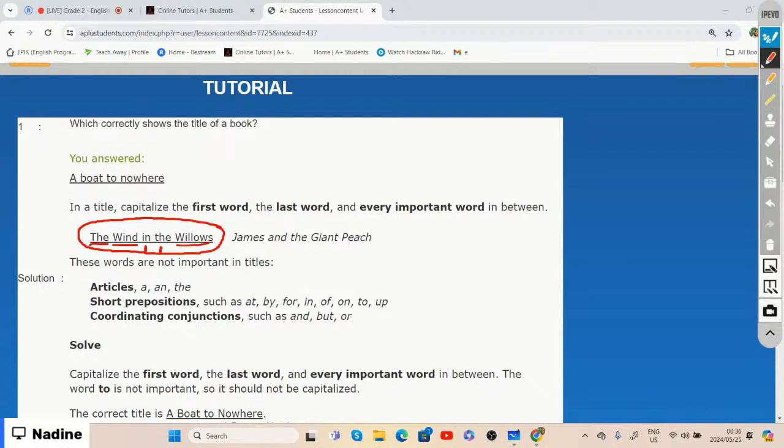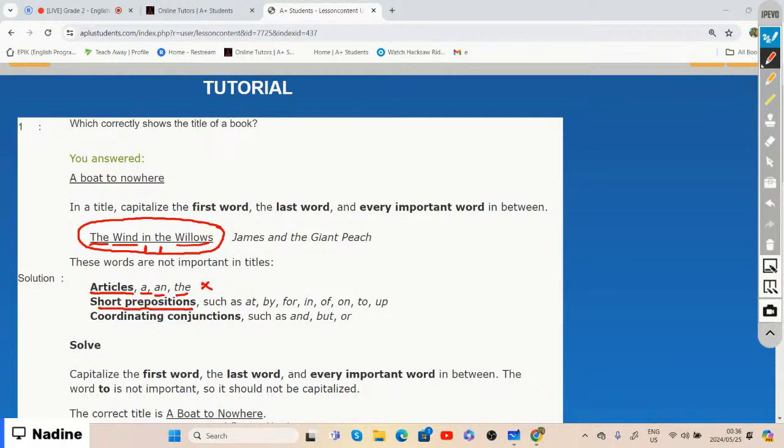Because we are capitalizing the first word, the last word, and every other important word in between, right? But we do not capitalize words like articles, right? Because articles are not important in titles. So a, an, and the, we do not capitalize, right? Because it's not important in a title.